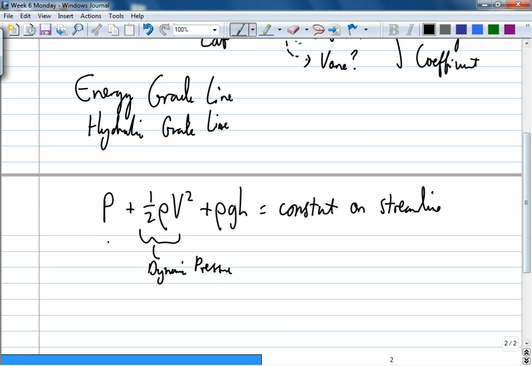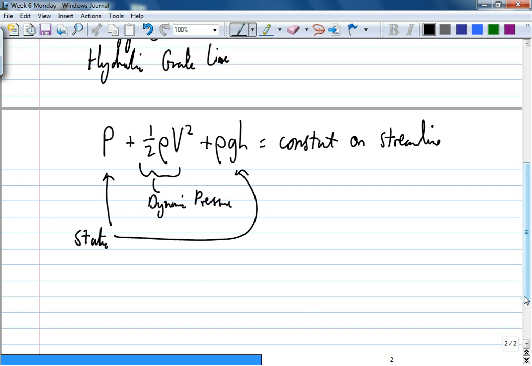These two would be the static components; they are not caused by anything moving. So one way of measuring velocity is to measure this pressure relative to these other two.